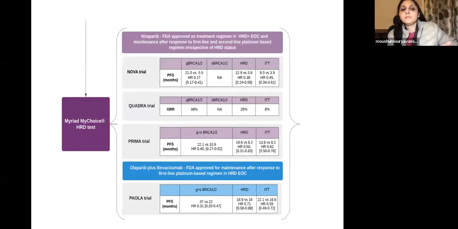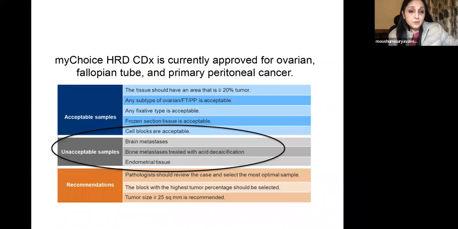So this Myriad MyChoice test has been very popular, with so many trials, and many approvals have been given based on this test. The NOVA trial, QUADRA trial, PRIMA trial have all used this test, and the PAOLA trial, which led to the approval of olaparib plus bevacizumab in the first line, also used this test and used 42 as the cutoff.